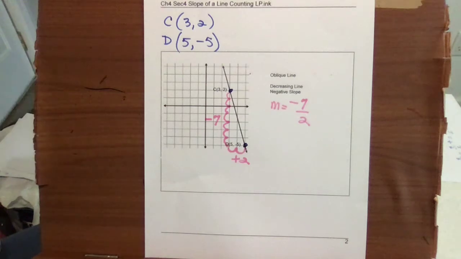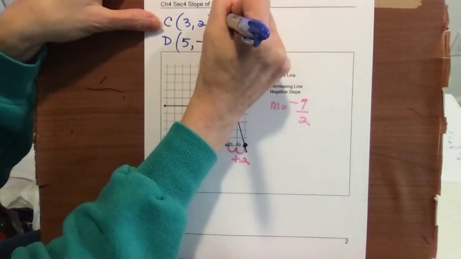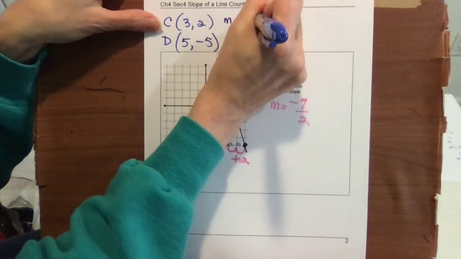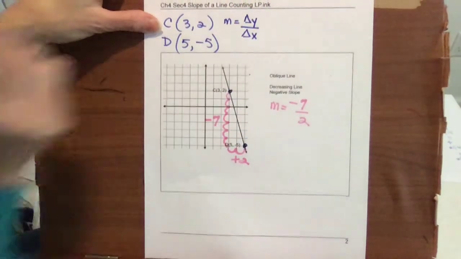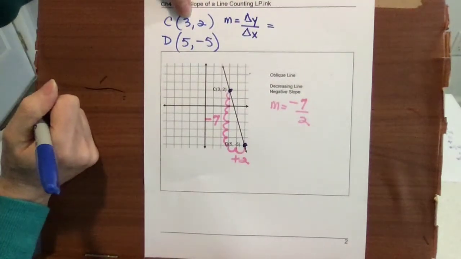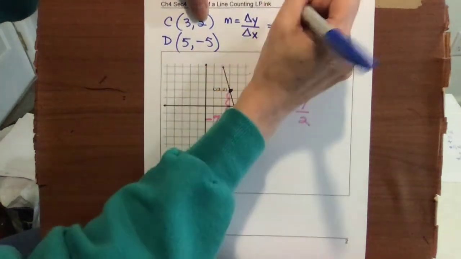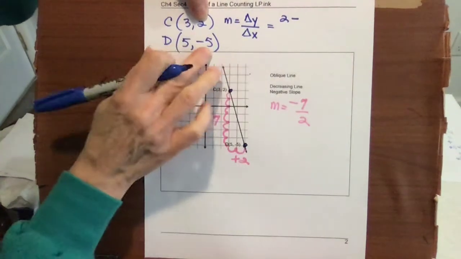All right, now for calculating, our slope is our change in y over change in x, which means we're subtracting the y's over subtraction of the x's. So I'm going to start with my y value from C to my D point. So I'm going to do 2 minus, that's a negative 5.